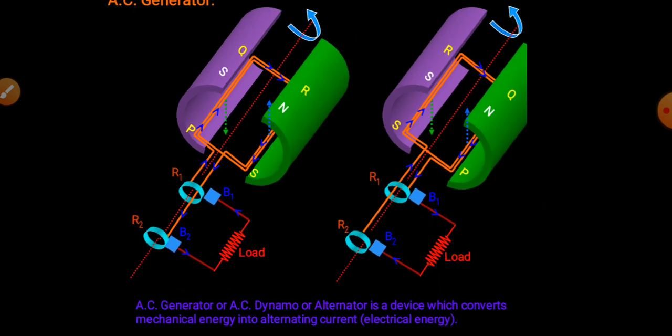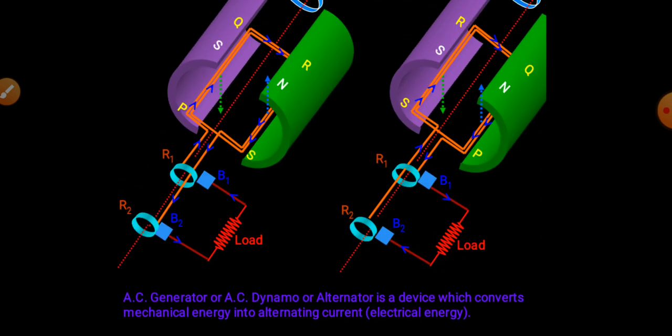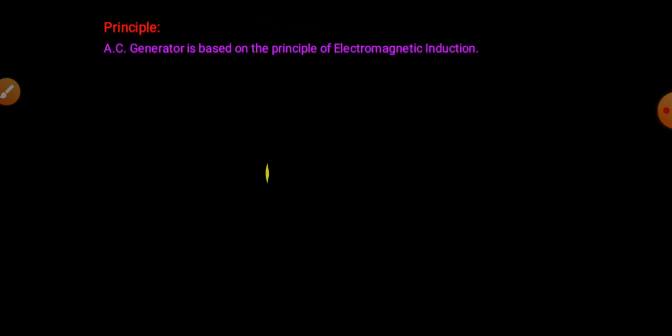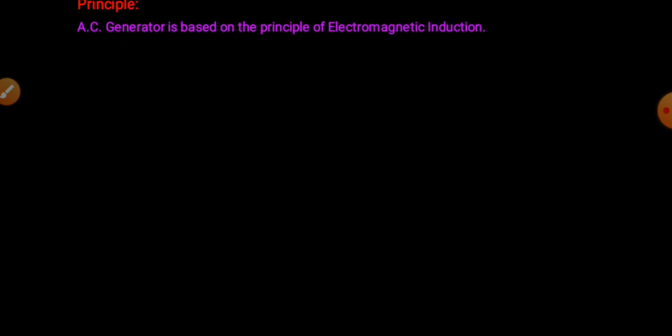An AC generator, or AC dynamo, or we can say alternator, is a device which converts mechanical energy into alternating current or electrical energy. It works on the principle of electromagnetic induction.